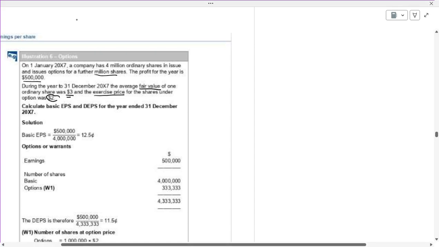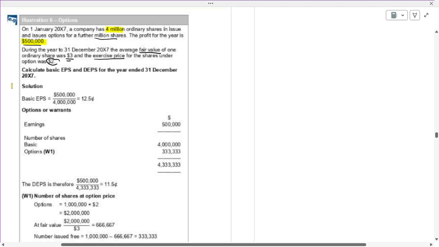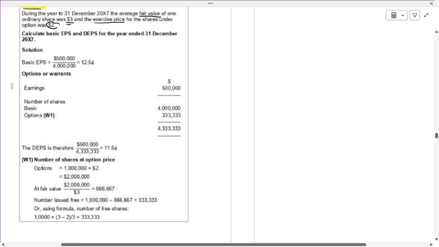Basic earning per share: they have given profit after tax, the profit for the year, and the number of shares. Earnings is 500,000. Number of shares is 4 million. We have taken the fraction of fair value minus exercise price divided by fair value.